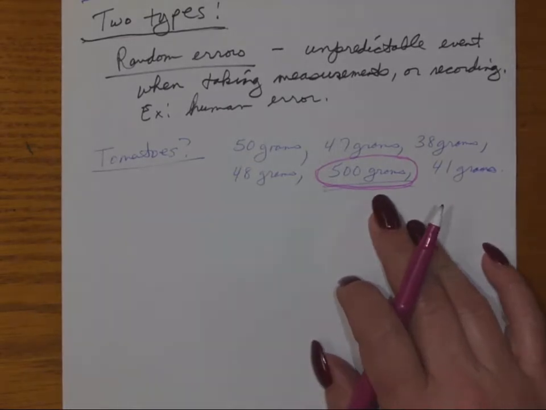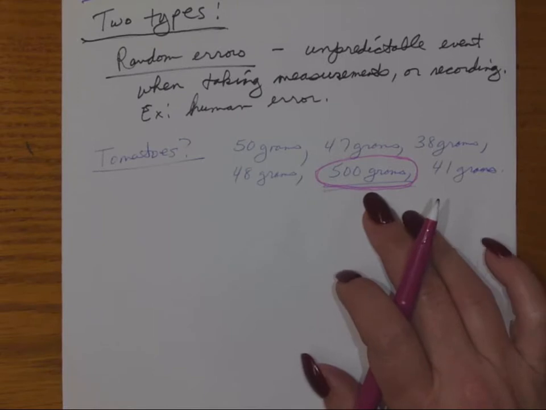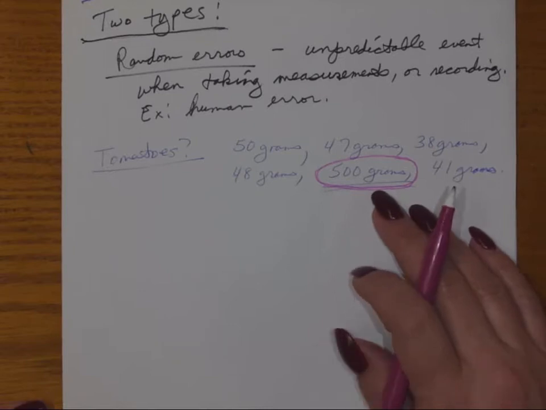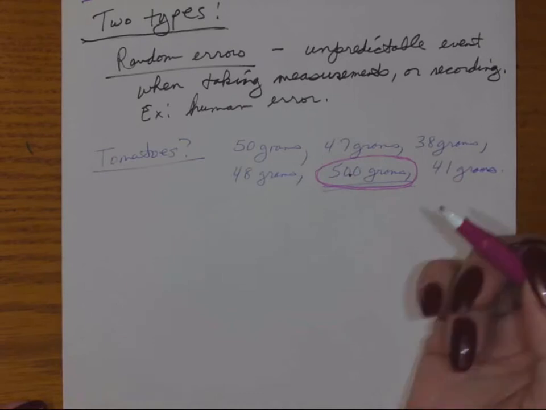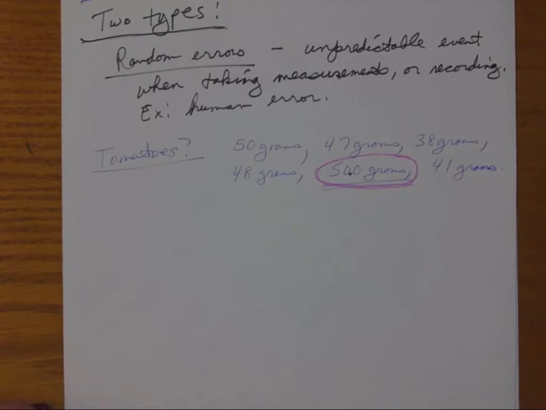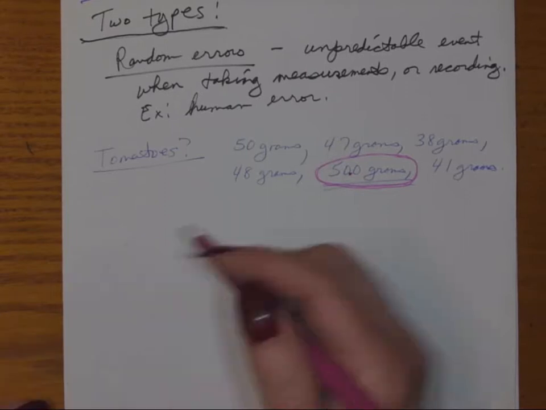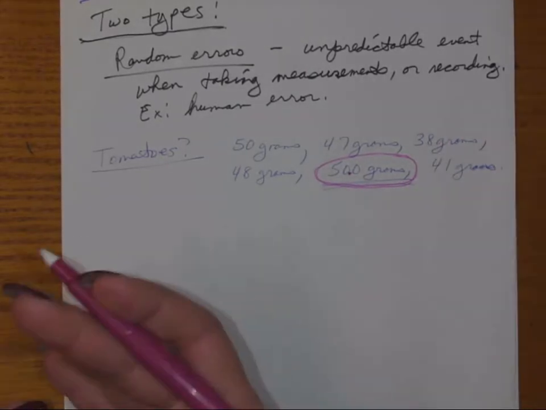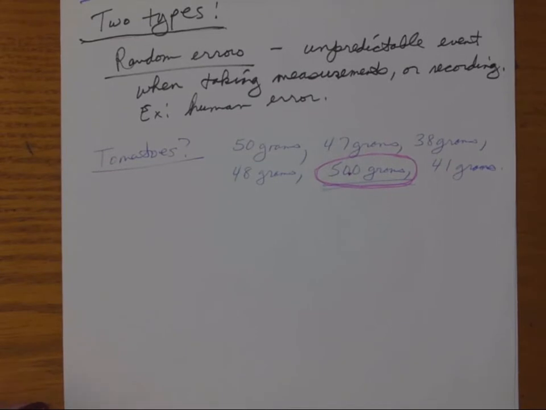So we'll ignore the fact that maybe that tomato is 500 grams for right now and say, oh, maybe this was a human error. So maybe we messed up whenever we put it on the scale. Or more than likely, maybe the person who was recording meant for it to be 50.0 grams. Some people like to do that, especially if they were recording 38.9 or something like that. So maybe one person was taking decimals and one wasn't.